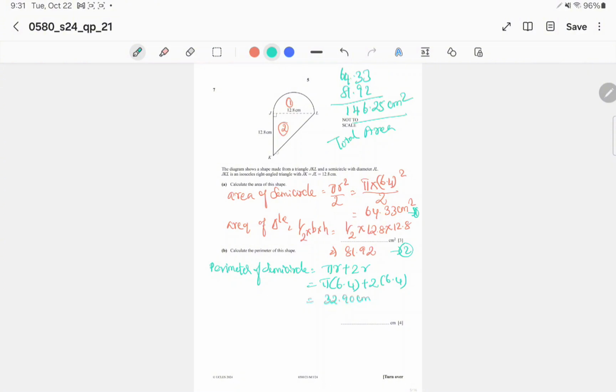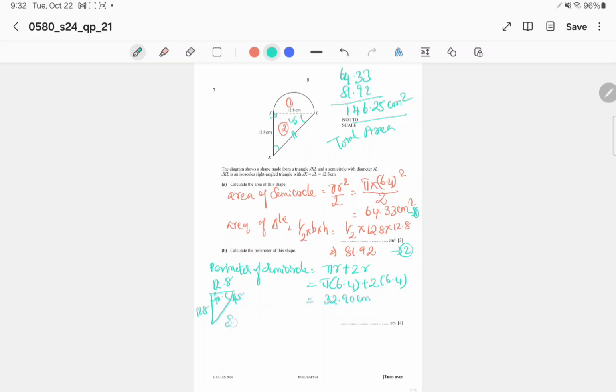Again, this is an isosceles triangle, this down part. For the isosceles triangle, we have to calculate this distance. How will you do it? This angle is 90 degrees, so automatically for the isosceles triangle, the other angle is 45 degrees. I am drawing it separately. This is 90, this is 45 degrees. This is 12.8 and this is also 12.8.